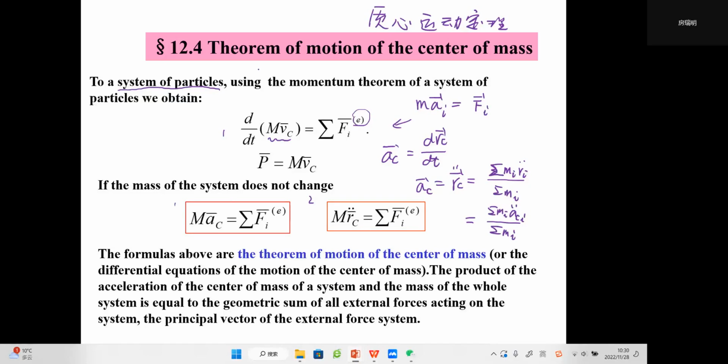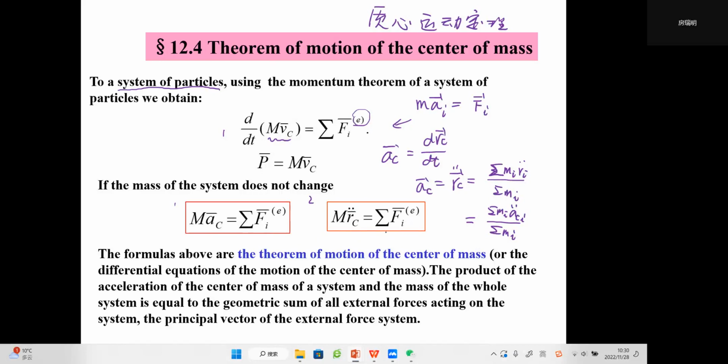So that means we can use this expression to find the relationship between the information of kinematics, or information of motion, and the forces acting on the system, right? If we know all the information of motion, we can use this relationship to find some values of the external forces.